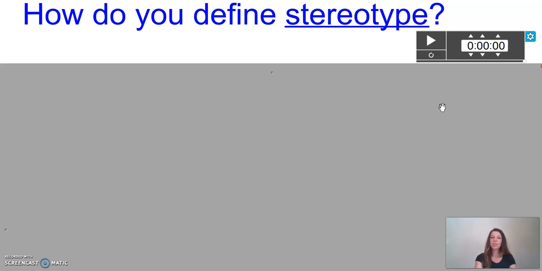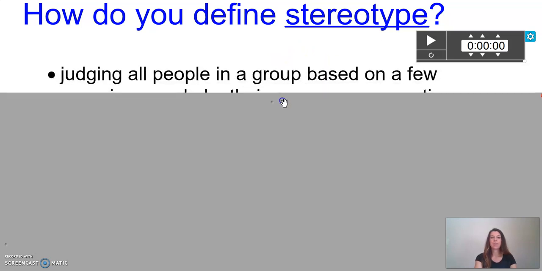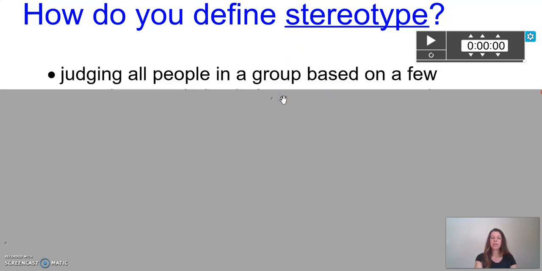Compare your definition, your ideas that you wrote down, to some of the ideas that I have here on the Smart Notebook. Did you say that a stereotype in some way or another is sort of like judging all people in a group, but maybe only based on a few people? Do all construction workers wear hard hats?